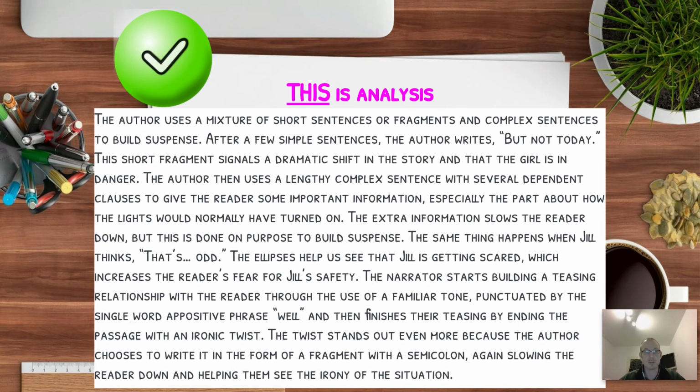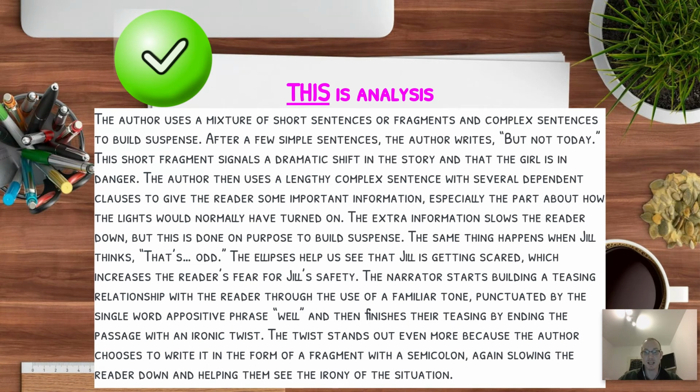The same thing happens when Jill thinks, "That's odd." The ellipses help us see that Jill is getting scared, which increases the reader's fear for Jill's safety. The narrator starts building a teasing relationship with the reader through the use of a familiar tone, punctuated by the single word or positive phrase, "well," and then finishes their teasing by ending the passage with an ironic twist.